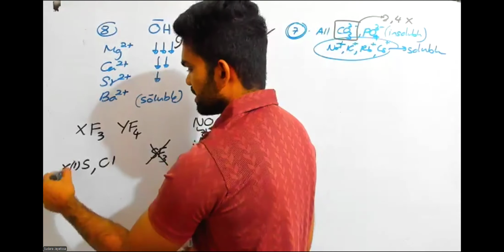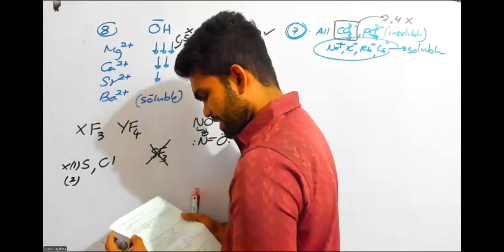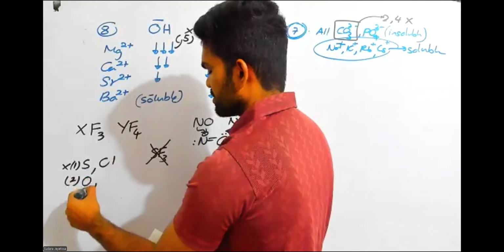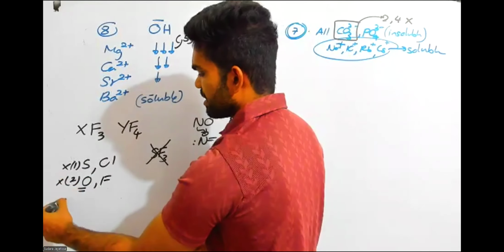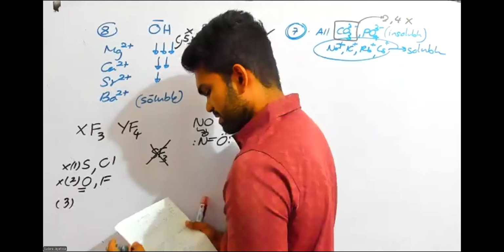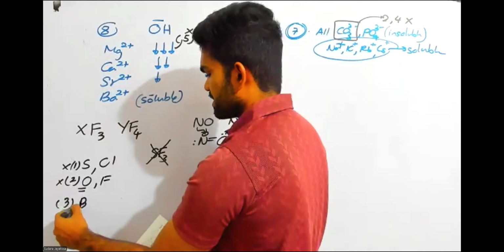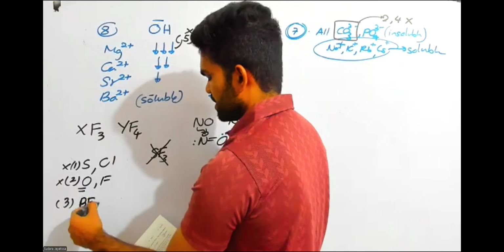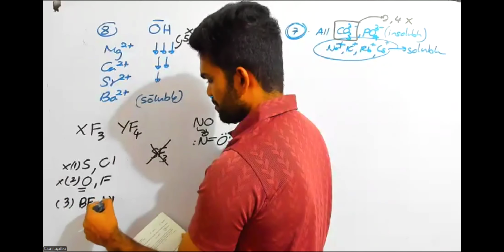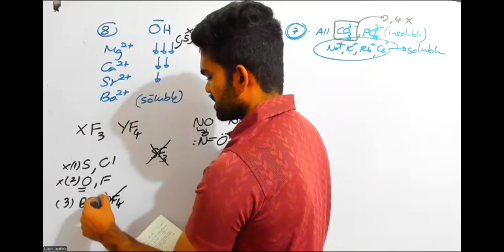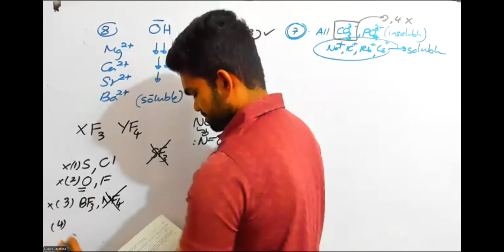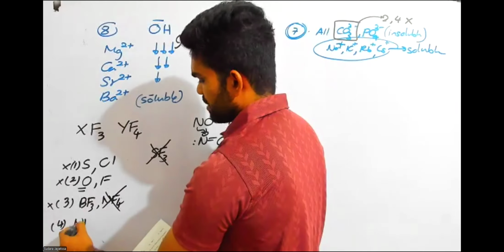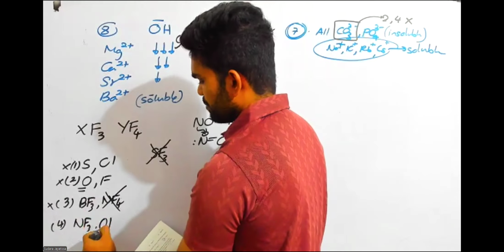Then you can go to the second answer. The second answer is telling oxygen and nitrogen. Oxygen can't form OF3 because it will violate the octet. And the third answer, boron and nitrogen. BF3 is there, and NF4, there's no such thing. So it is also wrong. And the fourth one, NF3 is there.